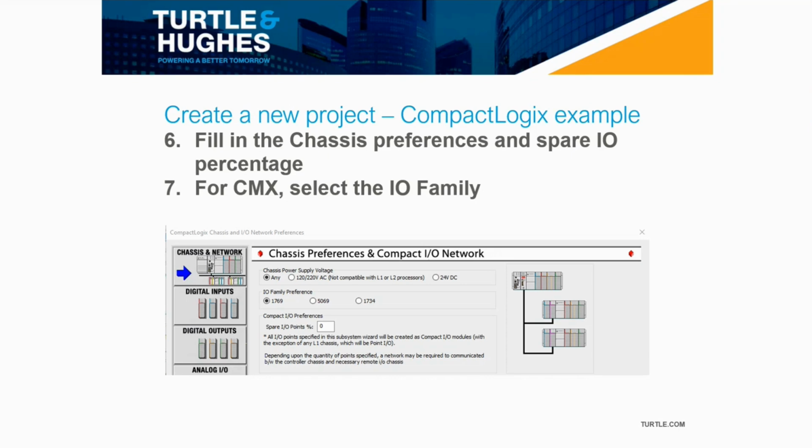You also notice that right up on top, you've got an option to fill in the spare I/O count. Typically in a specification, it'll say that you want 20% spare. You can either pre-calculate that yourself, as I sometimes do in my spreadsheet, but sometimes you don't need to. You can just put that right in here, and IAB will automatically take into account whatever that percentage is and apply it to your final I/O totals.